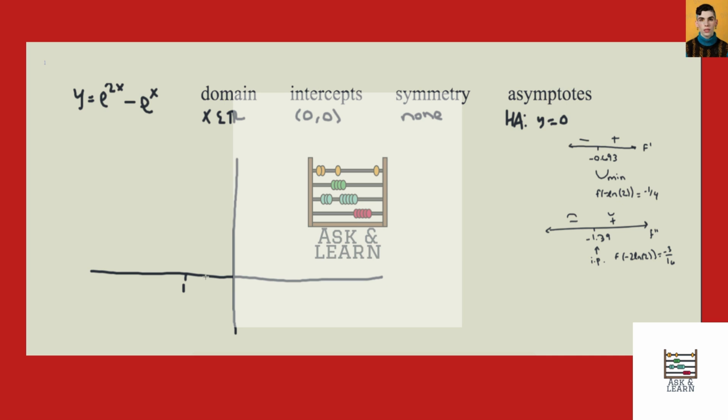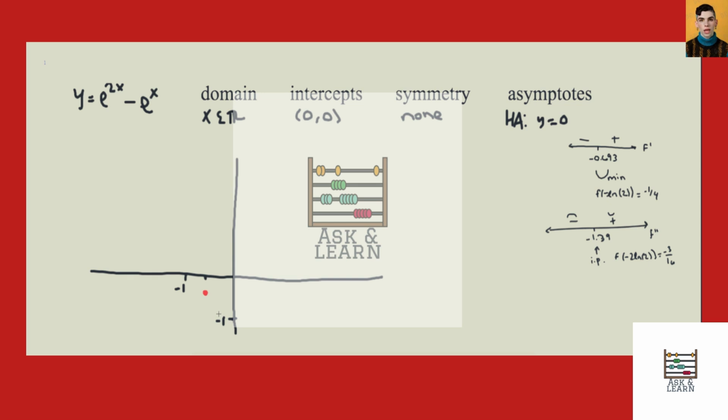So let's say this is negative ln of 2. This is negative 1. So that's negative ln of 2 and negative 1/4. So if this is negative 1 for the y's, it would be about here, so negative 0.25. So we can say this is our minimum. So that's our minimum value.